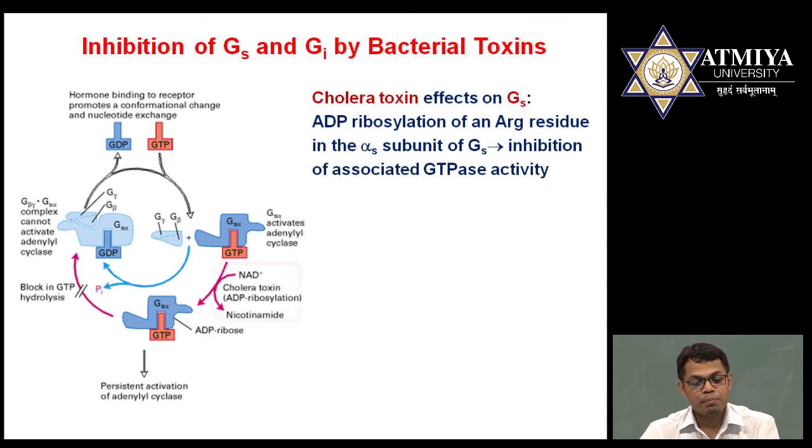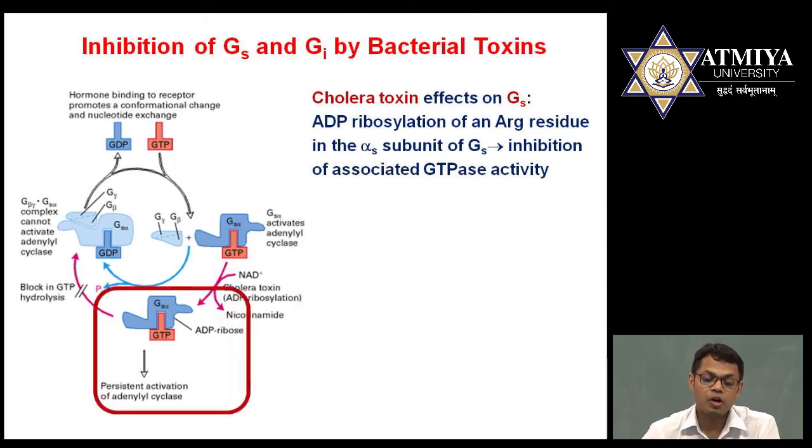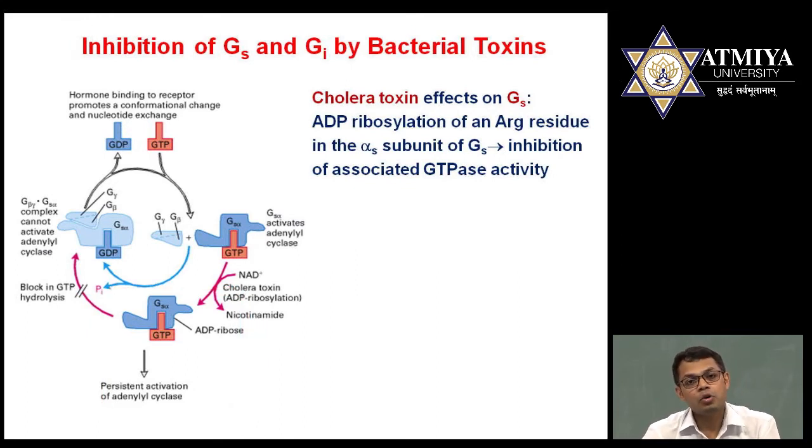It means persistent activity of adenylate cyclase occurs. In short, GTP is not going to leave Gs alpha. Gs alpha is permanently active because it is continuously bound with the GTP. If Gs alpha is continuously active, it is continuously responsible for cyclic AMP production.